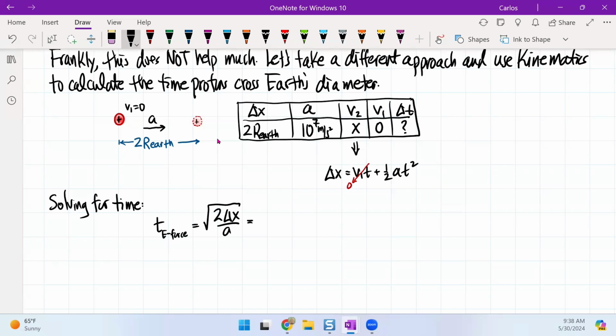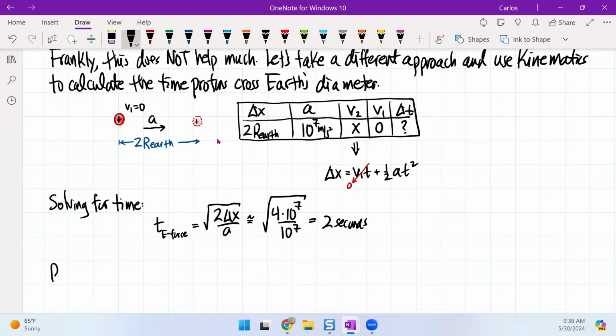And if I punch in my numbers, this is going to be essentially 4 times 10 to the 7 over 10 to the 7. So that tells me that it's going to take about 2 seconds to cross the Earth's diameter.